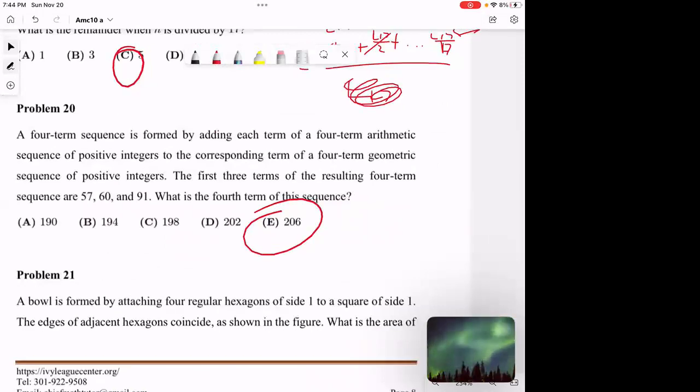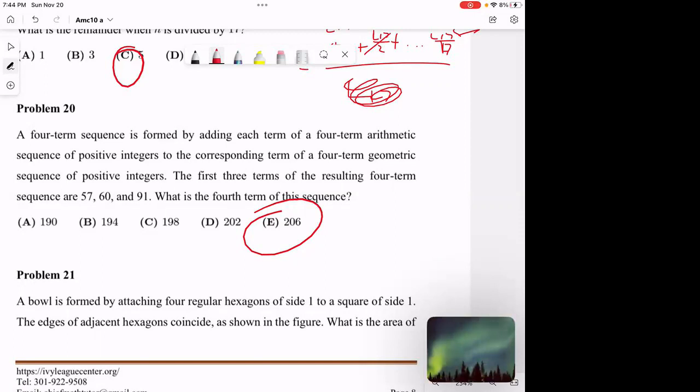Okay, now let's move on to question number 20. A 4-term sequence is formed by adding each term of a 4-term arithmetic sequence of positive integers to the corresponding term of a 4-term geometric sequence of positive integers.